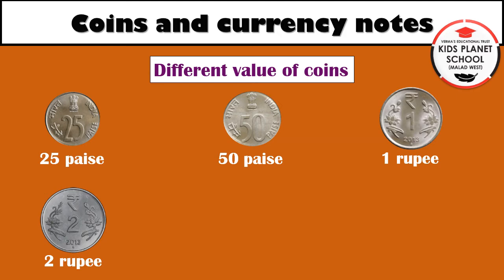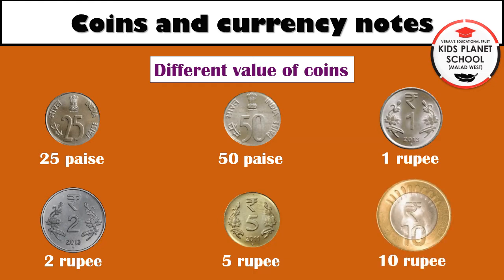The value of this coin is 2 rupee. The value of this coin is 5 rupee. The value of this coin is 10 rupee. Children, nowadays 25 paise coins and 50 paise coins do not exist.